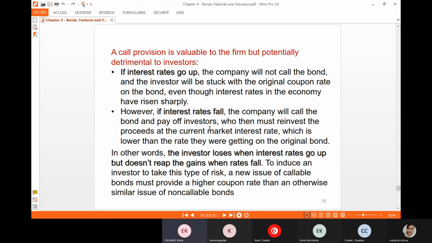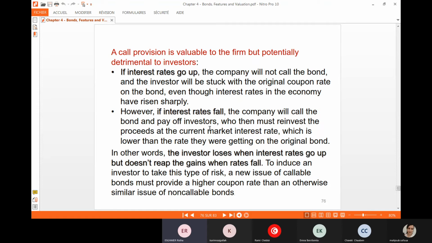In this case, when the company calls this bond from you as an investor, you will receive the call price, of course, and you will try to reinvest this amount in new bonds. But the new bonds of the market are issued at the new rates, which are low interest rates. So in this case you will invest your money at a rate lower than the original rate.